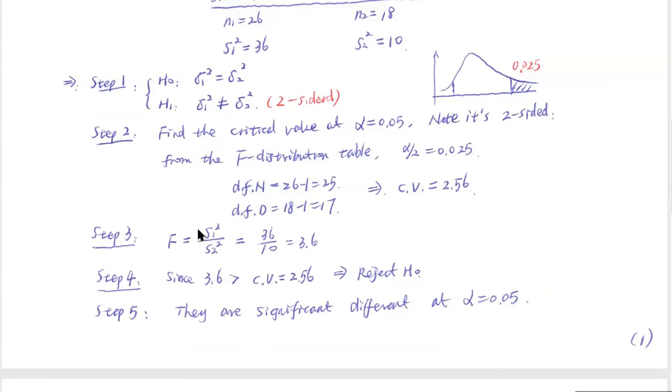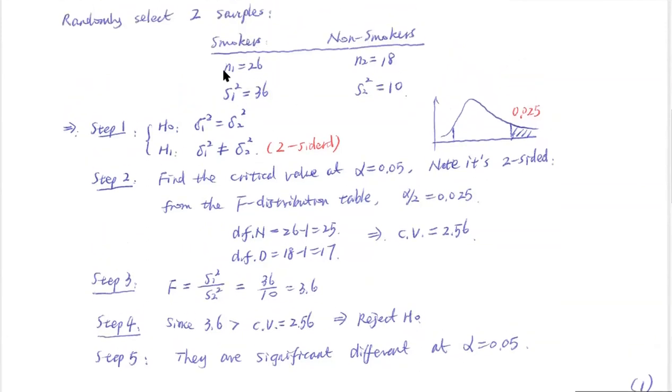Because you see that it is a ratio, right? So S1 squared is in the numerator, everybody, which corresponds to 36, right? This is the smokers. What's the sample size? 26, everybody. So 26 minus 1, that's the degrees of freedom for the numerator.